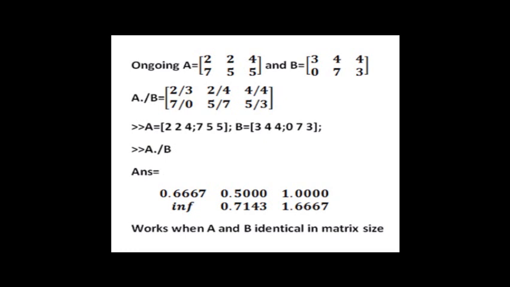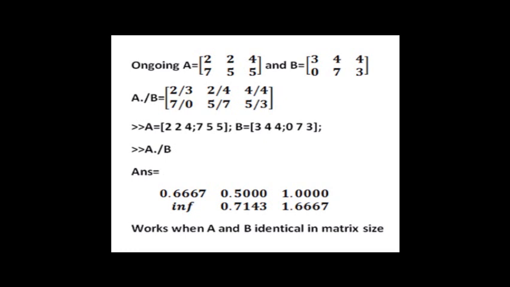To see this, you go to the MATLAB command prompt, enter matrix A, enter matrix B like we did before, then execute A dot forward slash B, and MATLAB will give you the result in decimal form. The first division, 2 by 3, equals 0.6667, and that is what you see in the return.